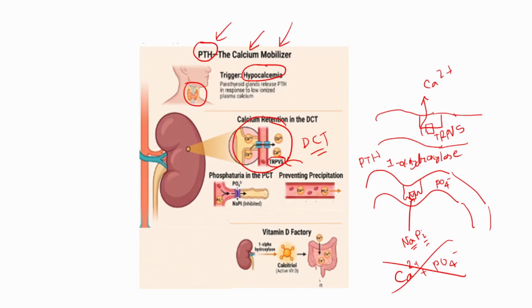This active enzyme converts the inactive circulating precursor vitamin D into a fully active steroid hormone which has a mouthful name called 1,25-dihydroxycholecalciferol or simply calcitriol. This calcitriol will be secreted into blood where it travels to the intestinal mucosa. It will travel to intestine to aggressively increase gut calcium absorption, completing the triple threat mechanism to raise systemic calcium.